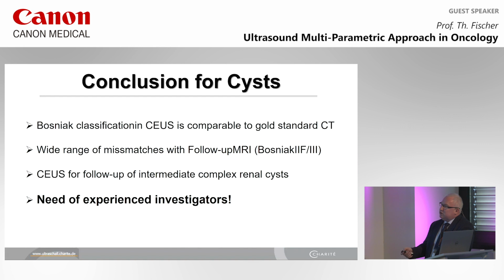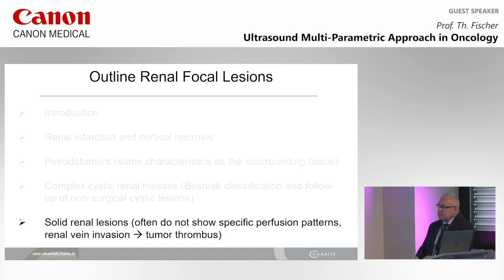I think we should use this term in our written report, that we have the application of contrast-enhanced ultrasound in these complex renal cysts. But once again, we need experienced investigators, and that's why you are here. So I'm happy that you are here, that we can talk together and go into more detail with this very important stuff. But what about solid renal lesions?